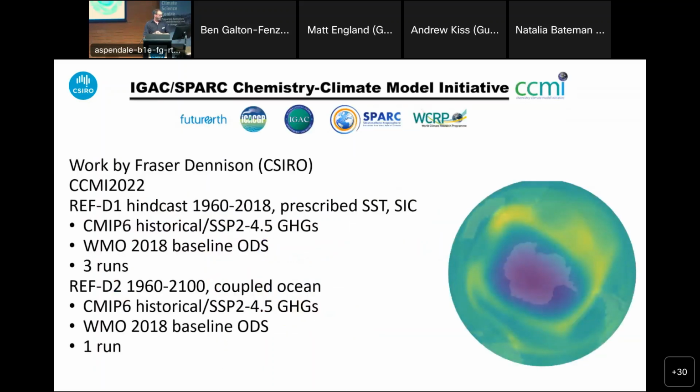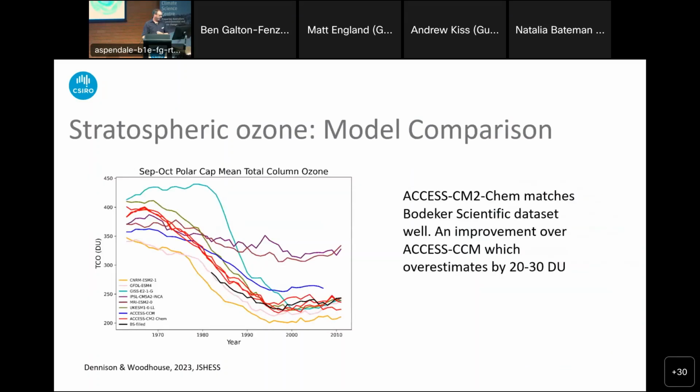And then a simulation with a coupled ocean that actually looks forward in time as well. It runs the pre-ozone hole period from 1960, but looks out to 2100 for a particular scenario. That enables us to look at ozone hole formation and then ozone hole recovery. So a bit of a plug for that.